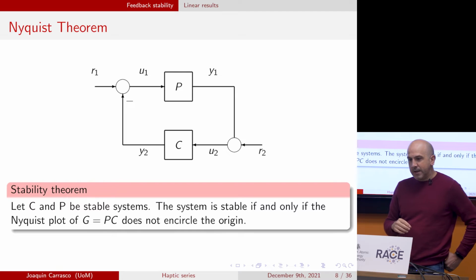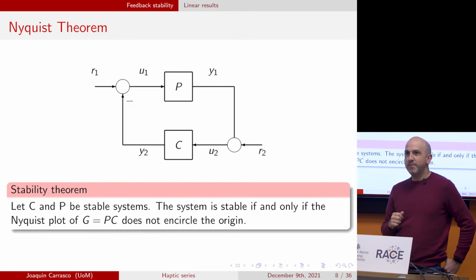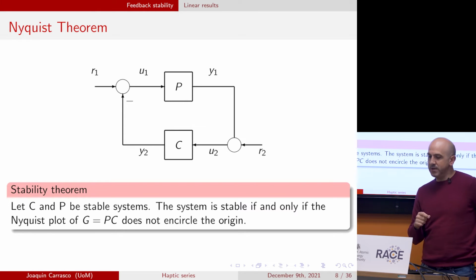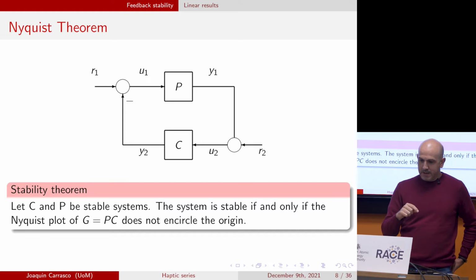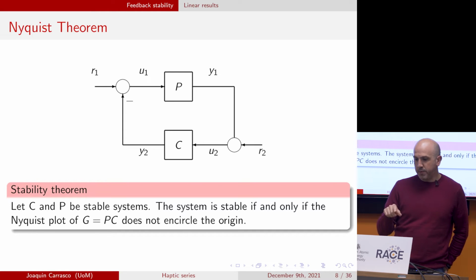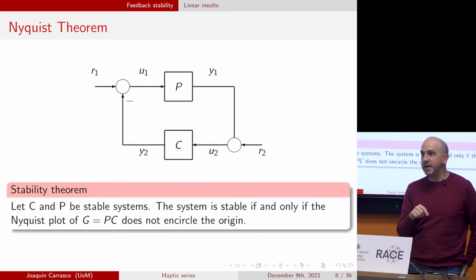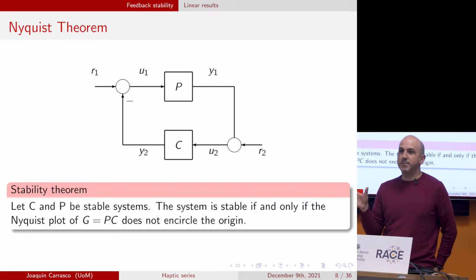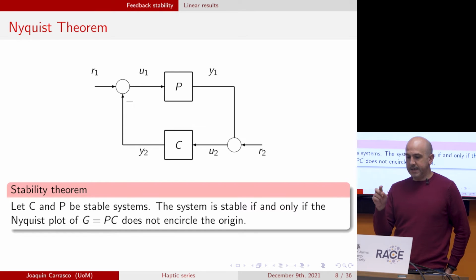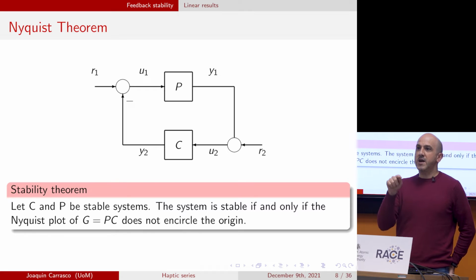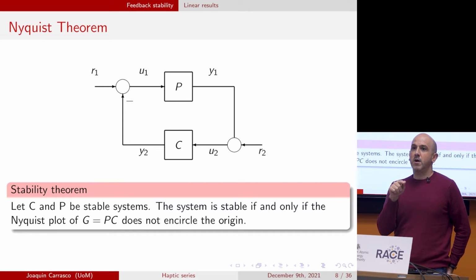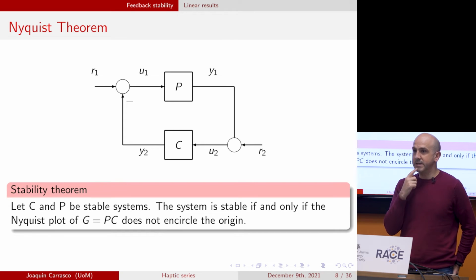So the Nyquist theorem, are you familiar with the Nyquist theorem? Yeah? So basically it tells you that the loop transfer function, the product of P and C, if P and C are both stable, a simplified version of the Nyquist theorem is: if you don't encircle the point -1, your loop is going to be stable.